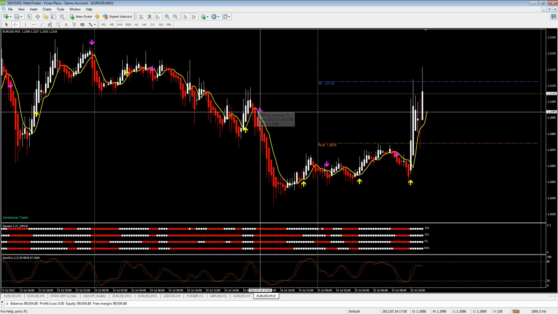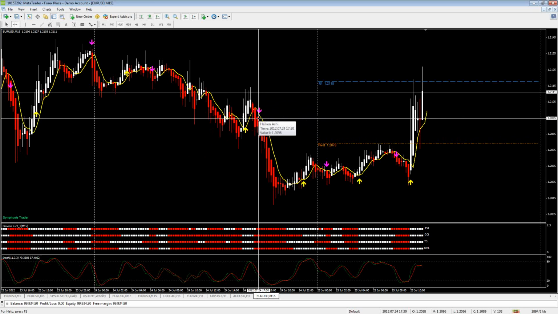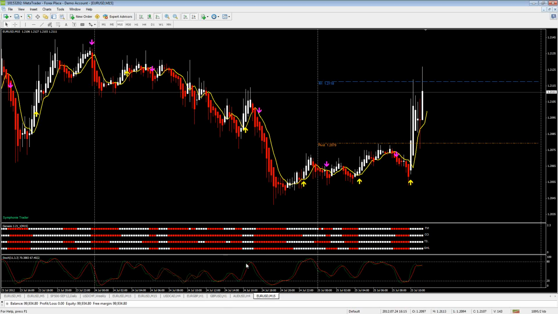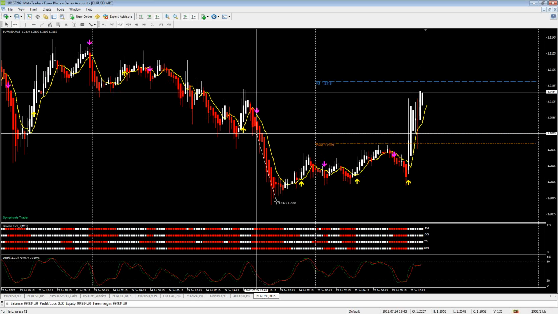We have an arrow, it comes only later, but you can either wait for the arrow or enter before it, when you see the Heikin Ashi and the stochastic went out of the overbought zone, and you see all the Genesis indicators lined up in red. In either case, if you enter here or here, it doesn't matter too much, but you take a very nice down move.